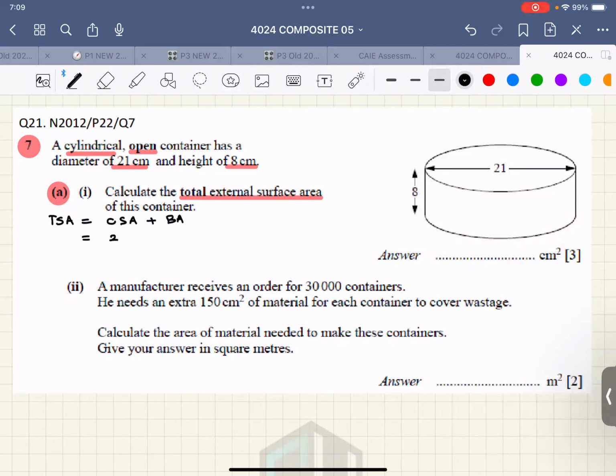Curved surface area is 2 pi r h. The base area, that is pi r square. Let me take something common out, which is pi, which is r, which is 2h plus r. And now I'll plug in the values. This is pi, r is 10.5, 2h, that's 2 times 8 plus 10.5.